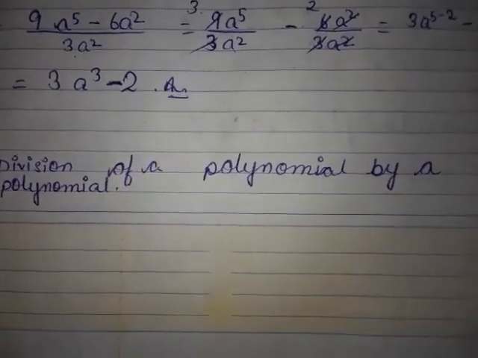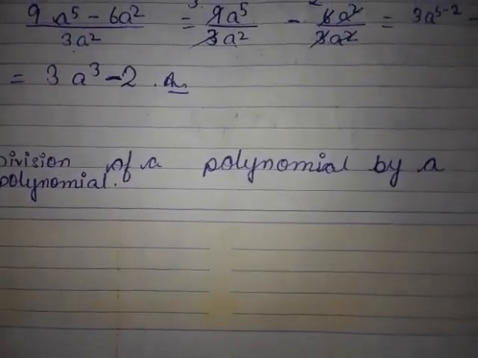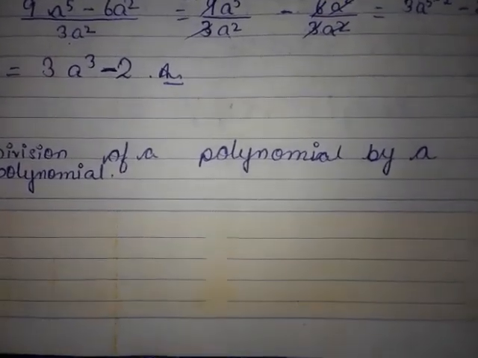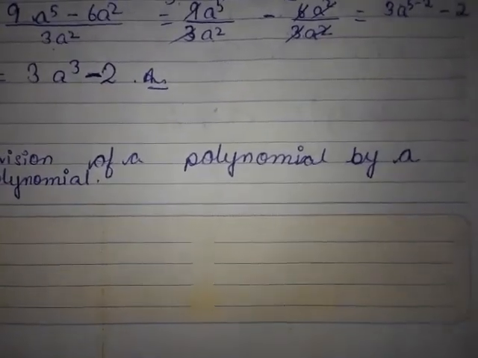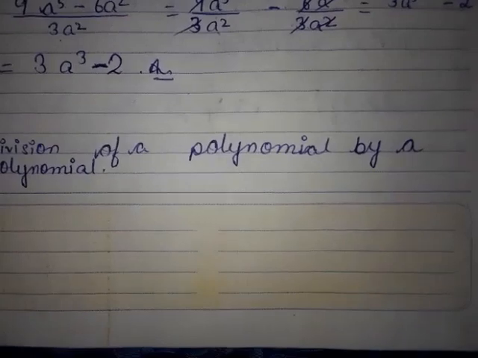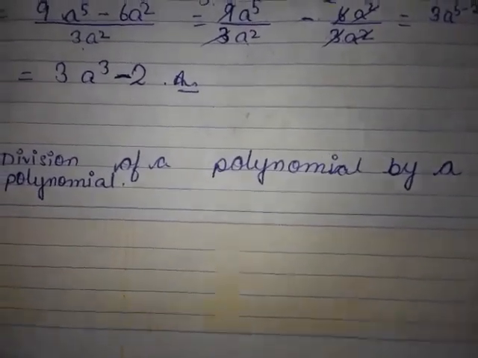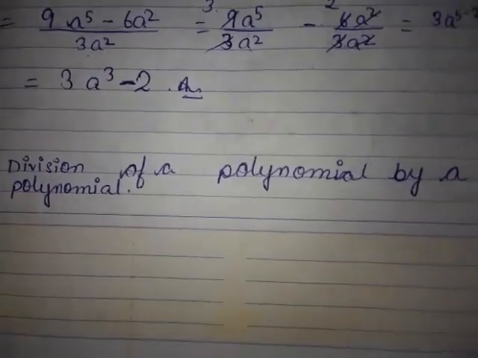I would like to repeat all three steps once again. Arrange the terms of the divisor and the dividend in descending power of the literal coefficient. It means arrange the alphabets according to their power. The alphabet with the highest power will be first, and accordingly the powers will reduce.